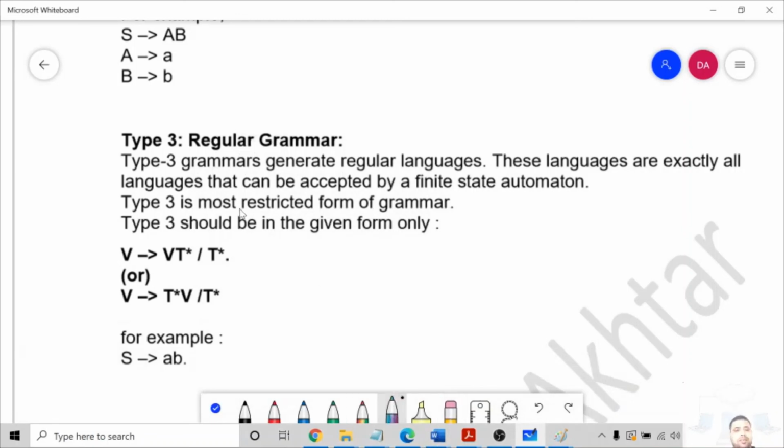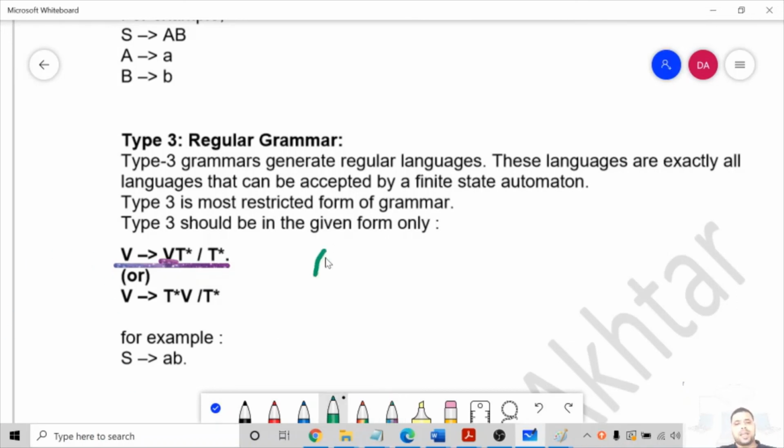Now the next grammar is type 3 or most restricted grammar. In this grammar the production is in the form V tends to (V T) Kleene closure or T Kleene closure. You can write it either as left linear or right linear, which means it is a linear grammar, because we have at most one non-terminal on the right hand side.